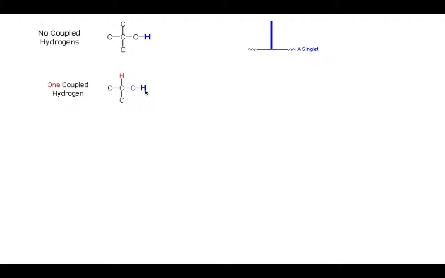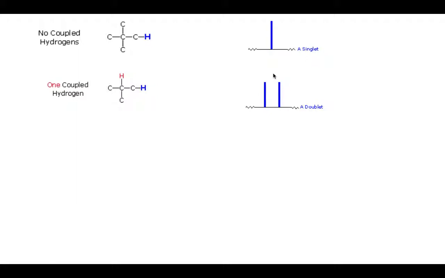And that either helps or hurts this hydrogen in its attempt to resist the magnetic field. In a sample with millions and millions of these molecules, there are some blue hydrogens with a red hydrogen lined up with it, and some blue hydrogens that have a hydrogen lined up against it. So when there's one coupled hydrogen, helping or hurting, what we see is what we call a doublet.